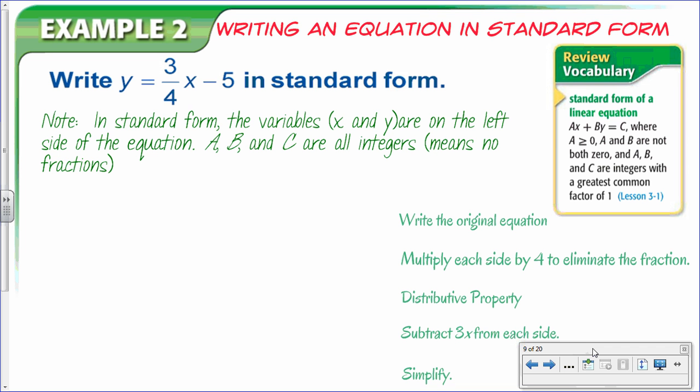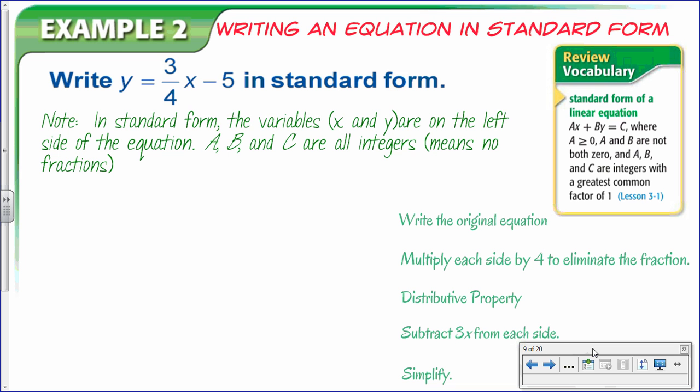It can't be a negative number. Does everybody understand that? Okay, keep that in the back of your mind. All right? Also, A and B cannot be 0 at the same time. Can they? No. What happens if A and B are 0 at the same time? You lose all your variables, don't you? Can't be equal to anything. That makes sense, doesn't it? All right?